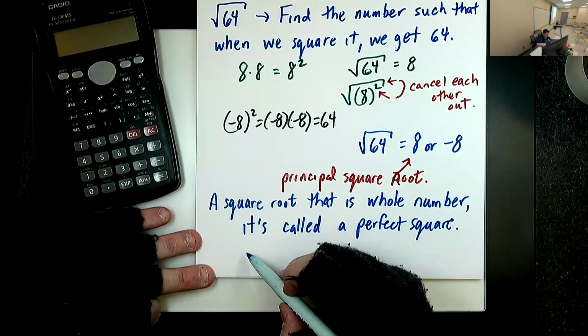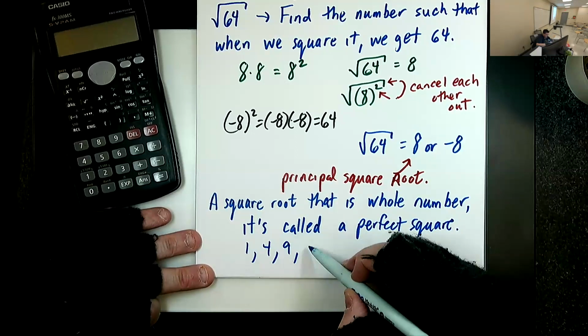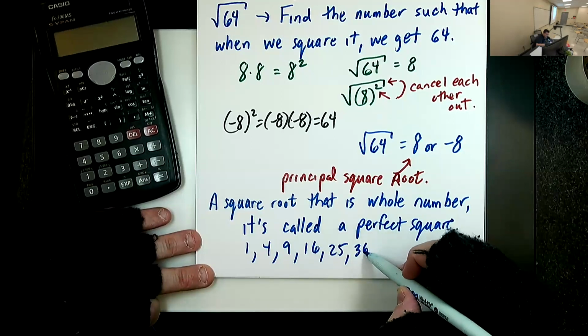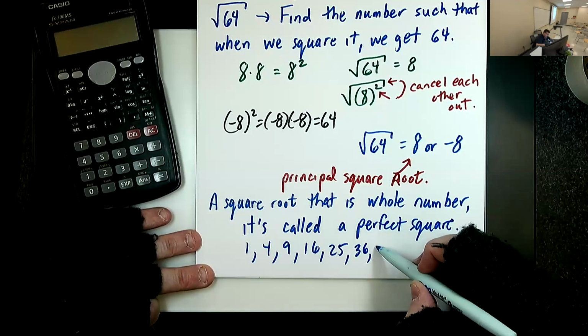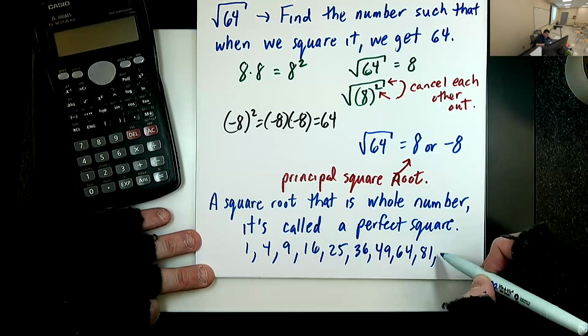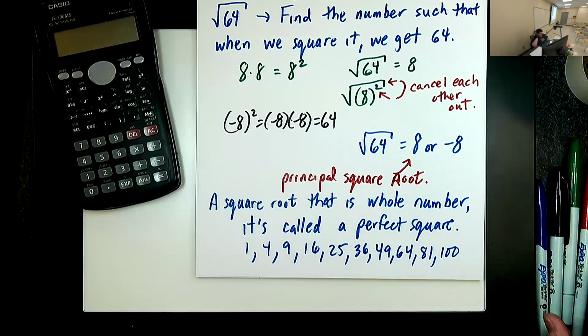So the perfect squares are 1, 4, 9, 16, 25, 36, 49, 64, 81, 100. Those are the ones on the times table. Those are the perfect squares. When I take the square root, I get a whole number.